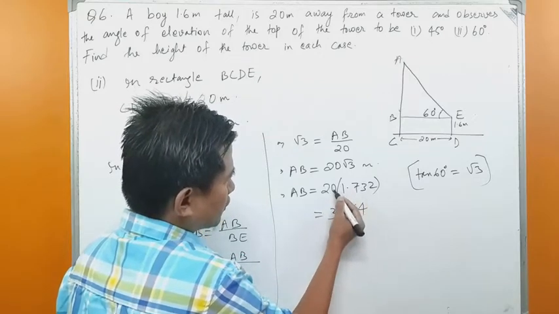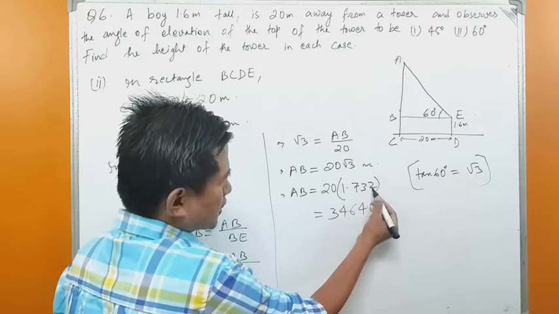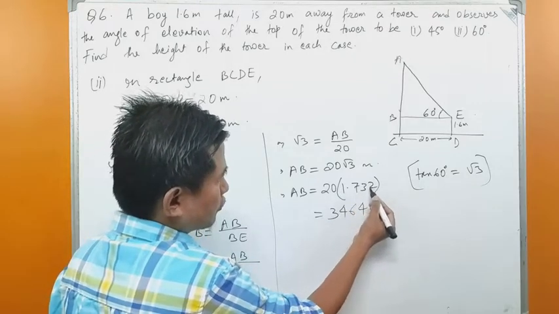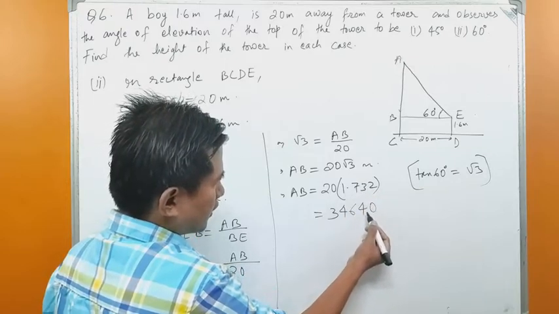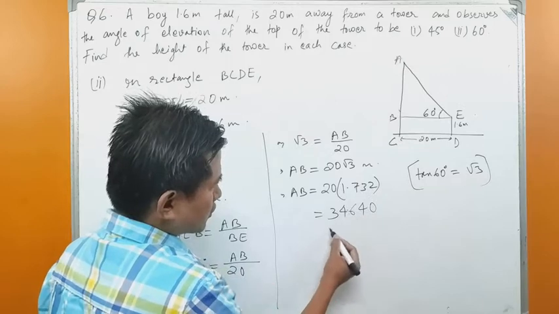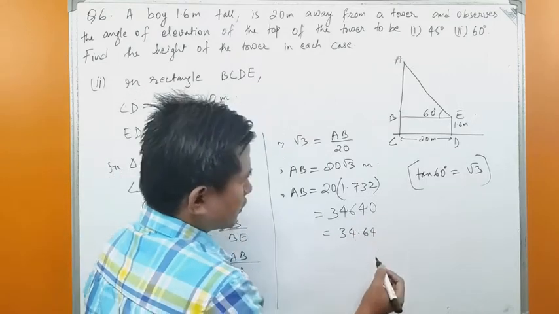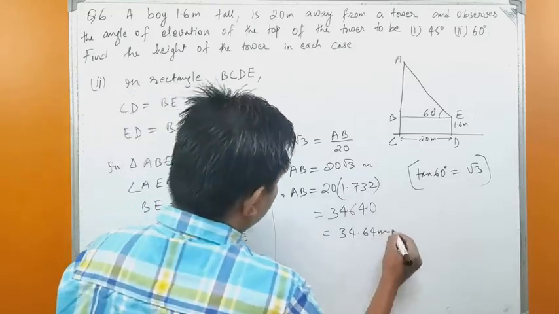There is 0, 20 means we put 0 here. So we put a decimal point before the 3-digit number, because there is a decimal point before 3 digits in 1.732, 1, 2, 3. So I put the decimal point here also. So this is 34.64. 0 has no value after the decimal point. Okay, we found the value of AB.